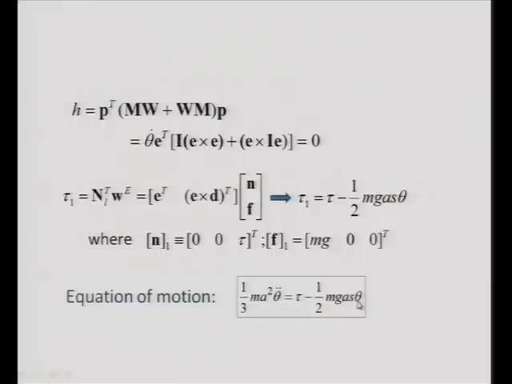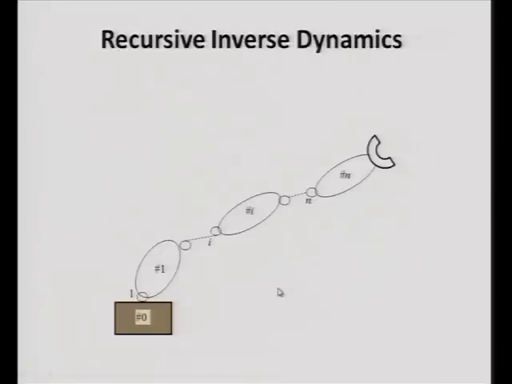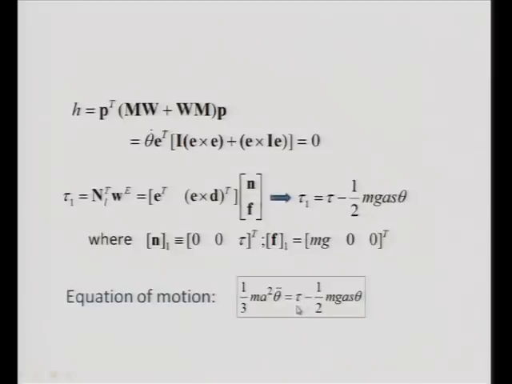Is it not the same rotational equation of motion, if you try yourself, that the moment of inertia about the axis of rotation multiplied by the acceleration is equal to the external force applied by you maybe, and the minus in this case the gravitational torque. Okay.